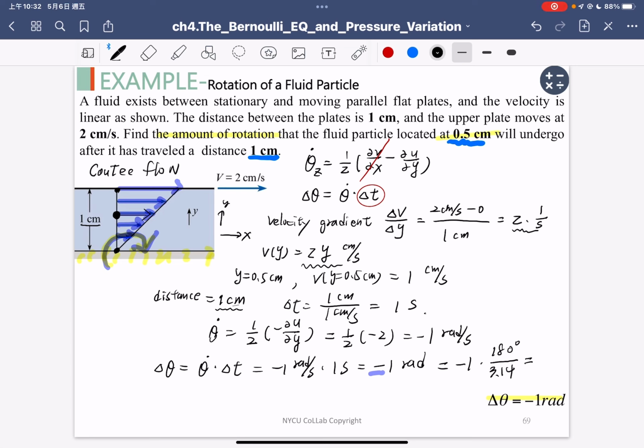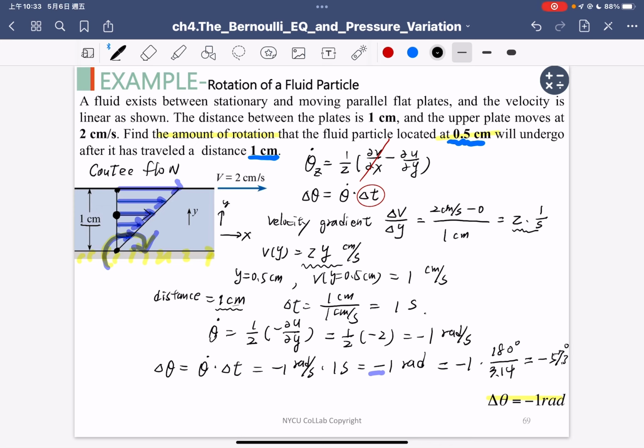So you can calculate the degree, which will be around minus 57.3 degrees. So after 1 second passes, the fluid particle will rotate clockwise by 57 degrees. As time passes, the particle will rotate through more rotation angles.